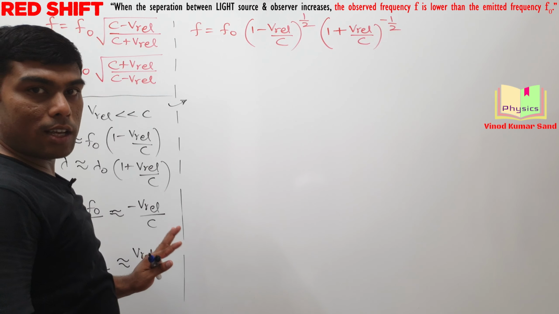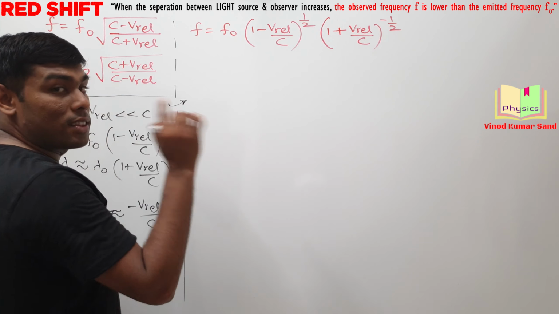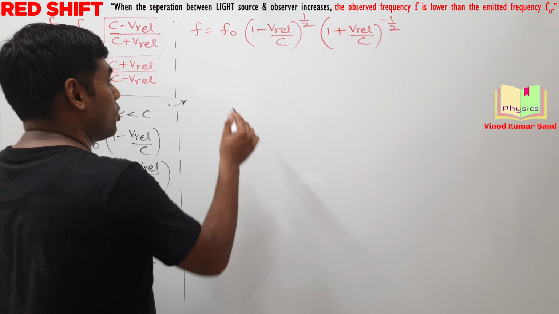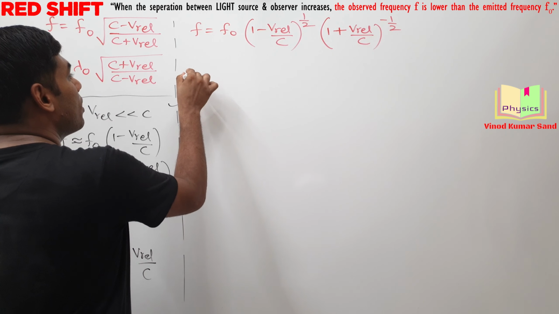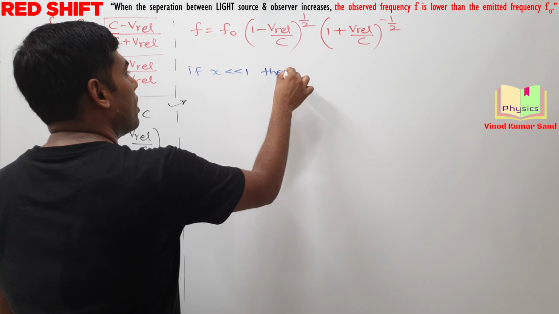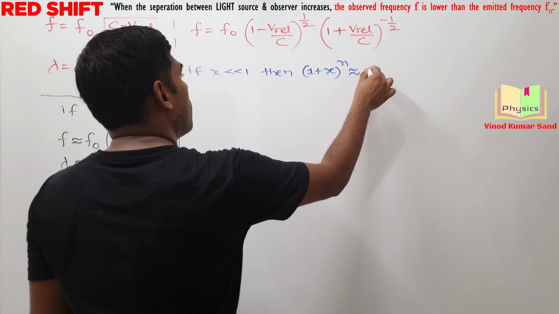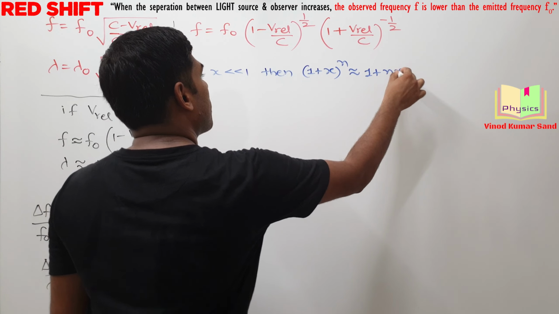Do you agree with this expression? Now you know what to do. We'll be using the binomial approximation: if x is much less than 1, then (1 plus x) to the power n is almost equal to 1 plus nx.